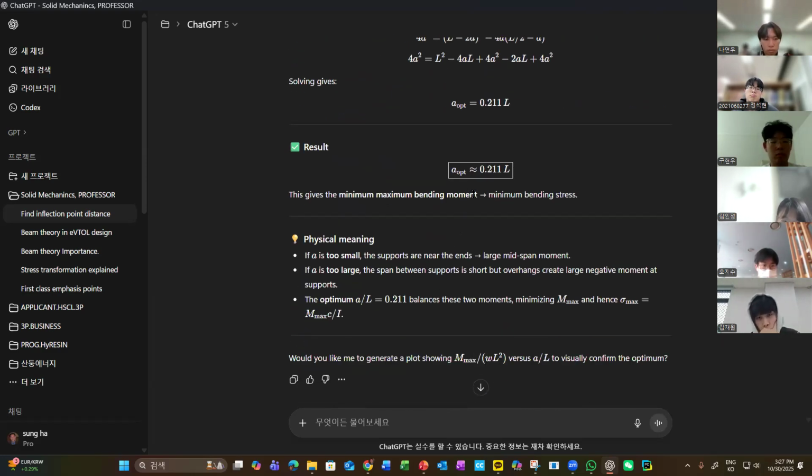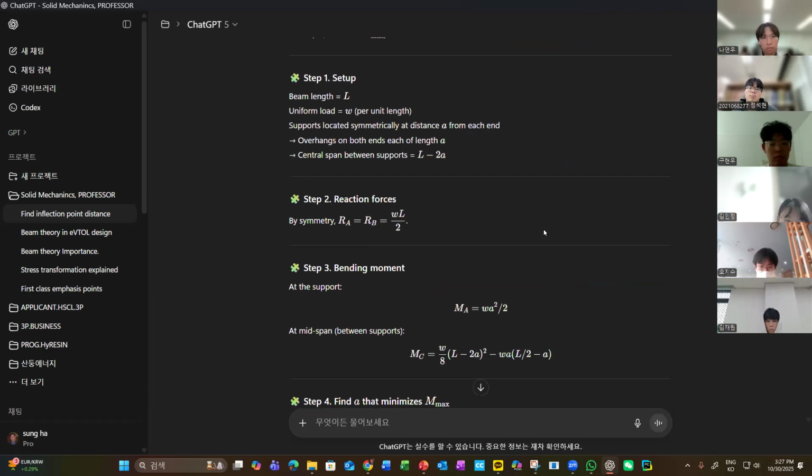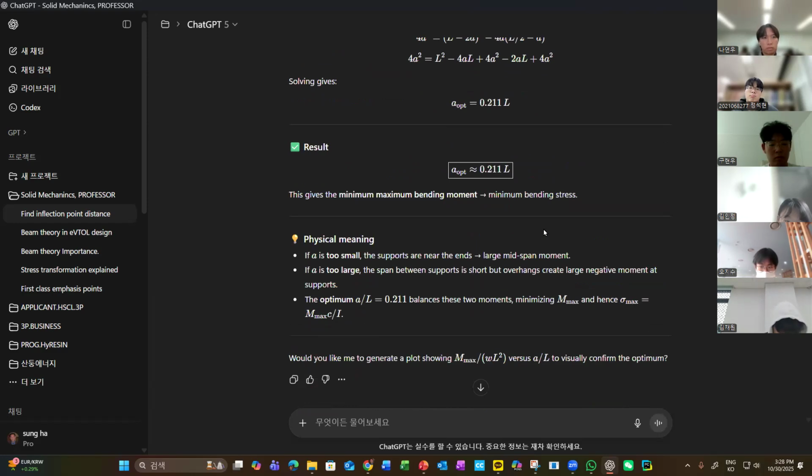This solution doesn't look right. A is too small: the supports are near the ends, large mid-span moment.